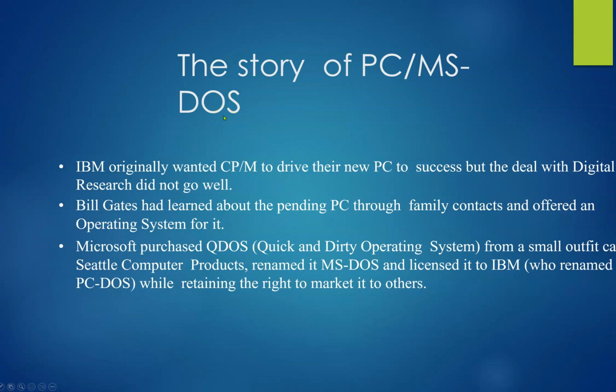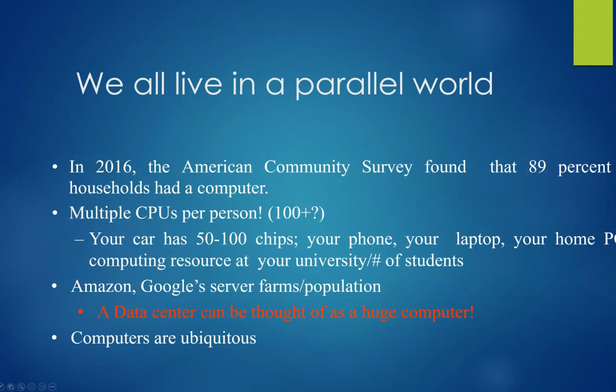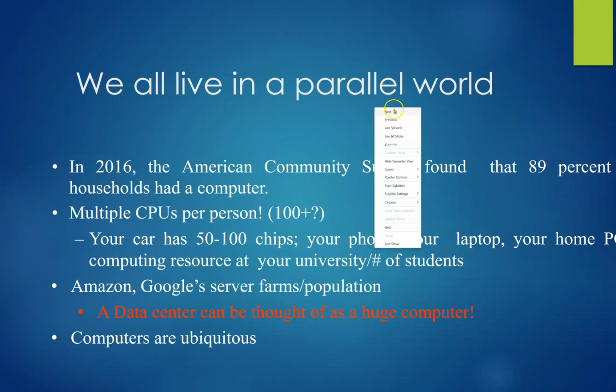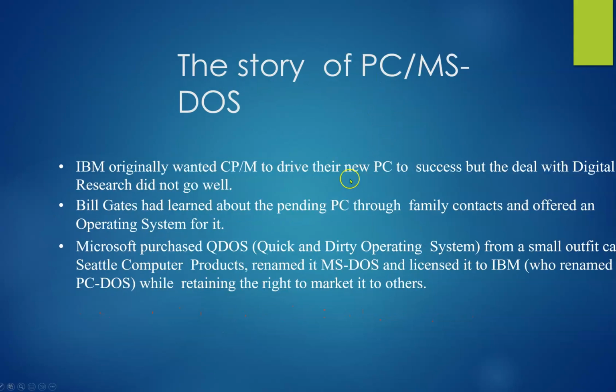It came about because IBM originally wanted to use CP/M to drive their new PCs, but they couldn't negotiate well with Digital Research, which is funny because corporately speaking, it cost Digital Research their corporate life.